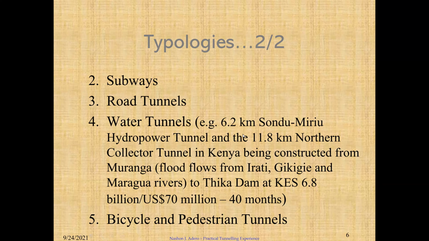So that is about 6.2 kilometers. And then the Northern Collector Water Tunnel, 11.8 kilometers long from Murang'a to contain the floodwaters from Irati, Gikiji, and Maragua rivers. And it is all the way from Murang'a to Thika Dam.